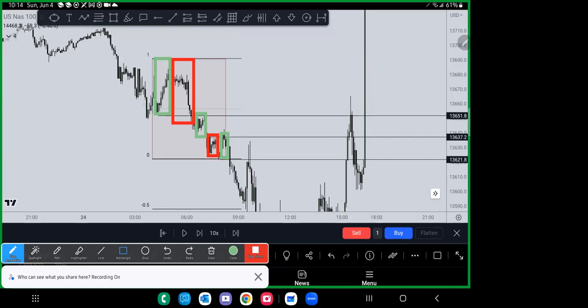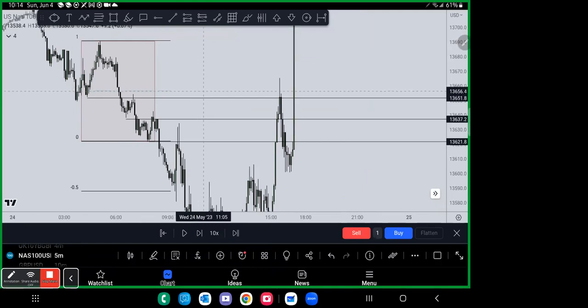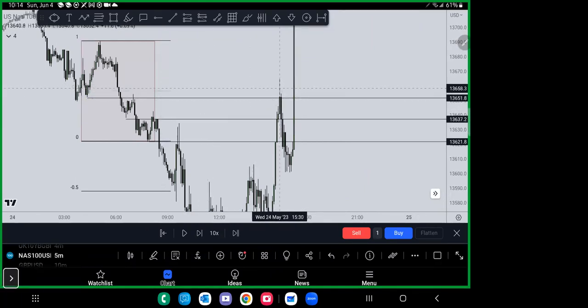Right? So that range is efficiently traded. There's really no reason for price to need to come back to that point. All right. It leaves, but even when it comes back, there's still some validity as it responds to the equilibrium portion of that range.